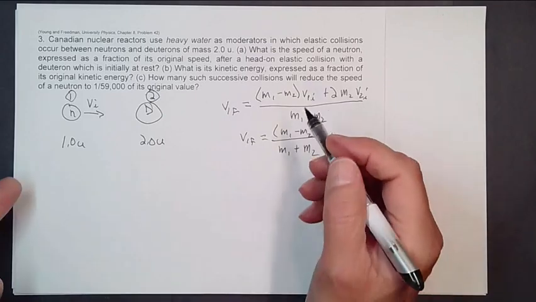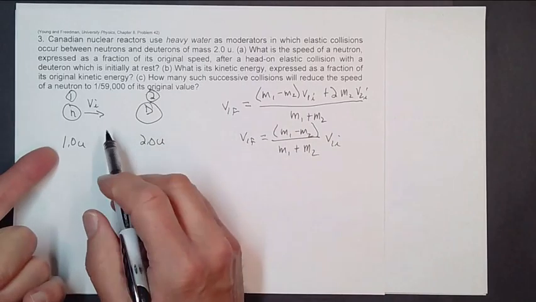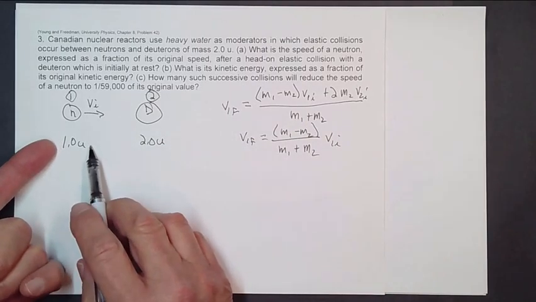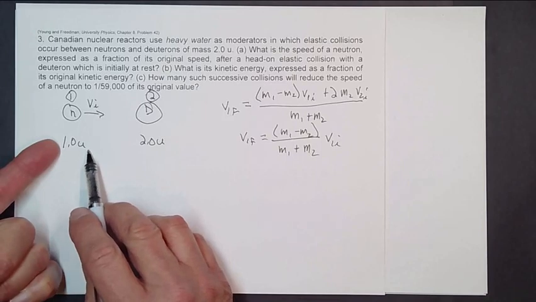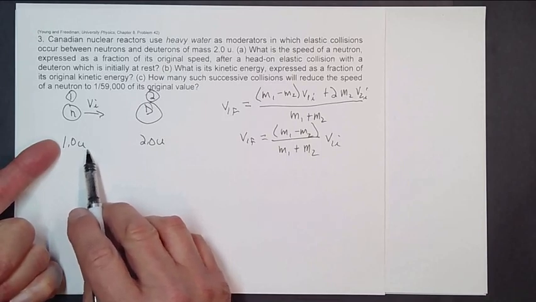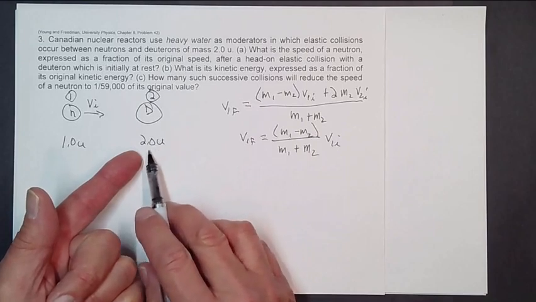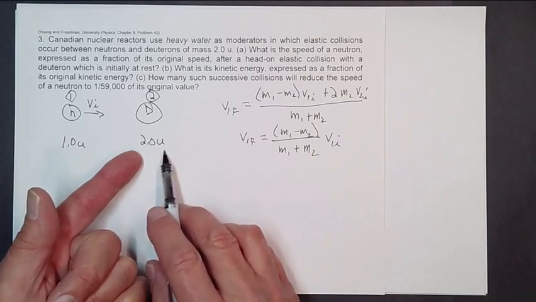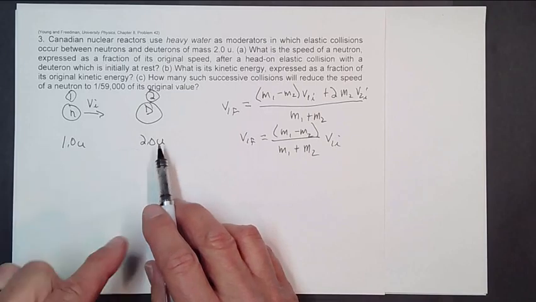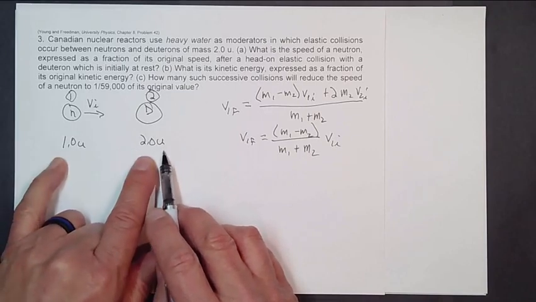Well, in this case, we have the incoming neutron that has a mass of 1.0 atomic mass units. That's what the U stands for. And then it hits the deuteron that has a mass of 2.0 atomic mass units. And so these are M1 and M2.